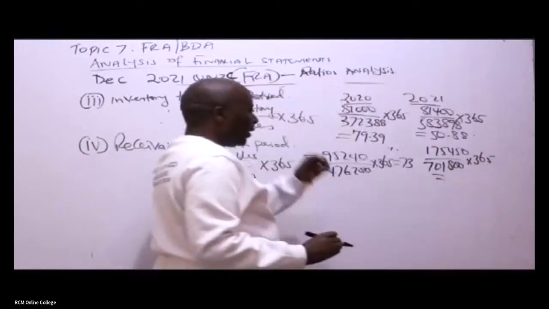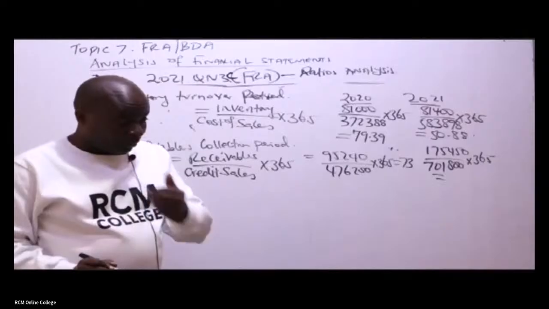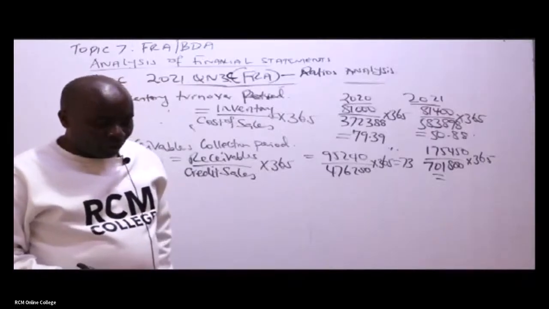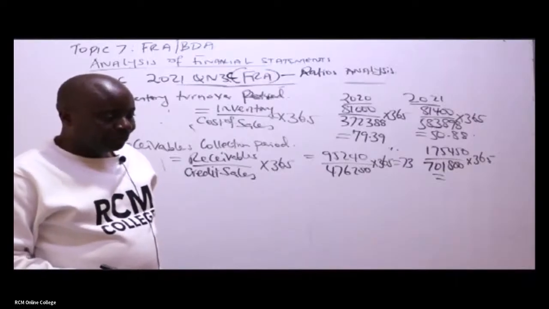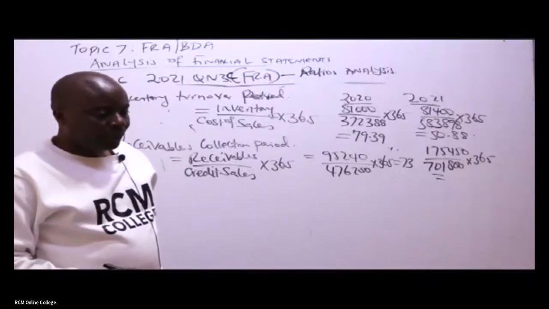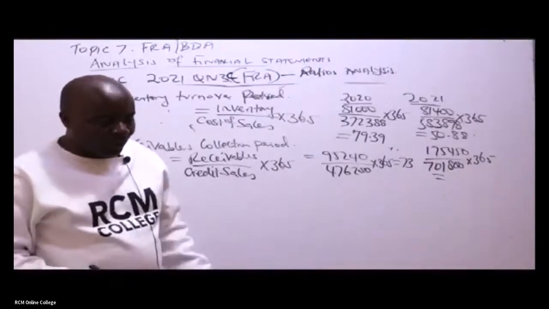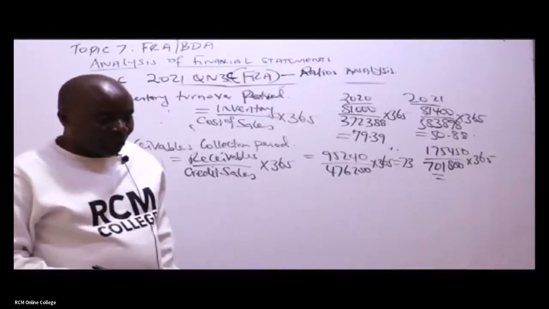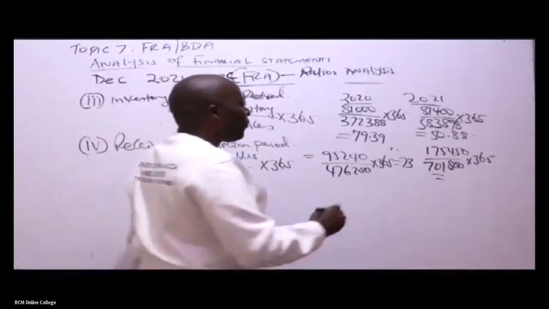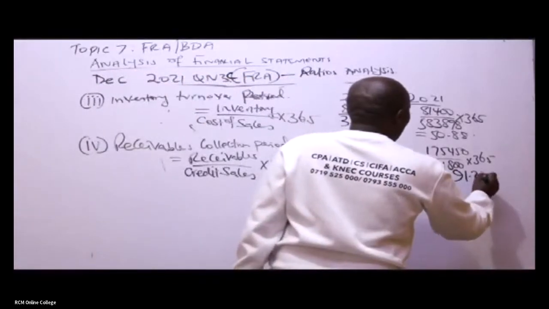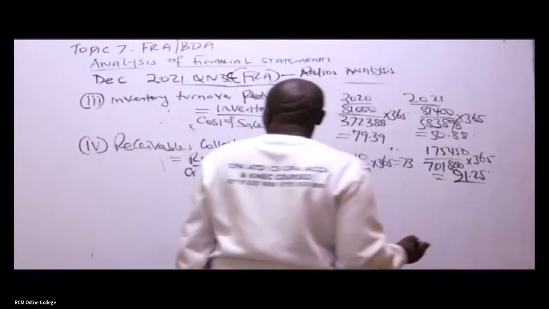How many days do we have here? 91.25, right? Felicitas is giving me 91.25. 91.25 days. Thank you so much.